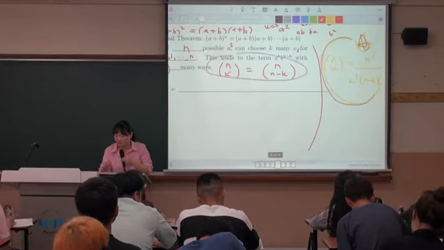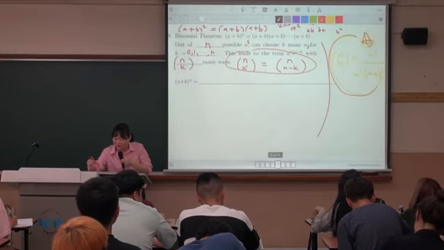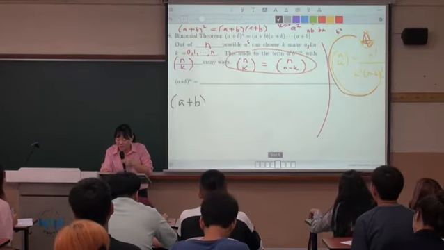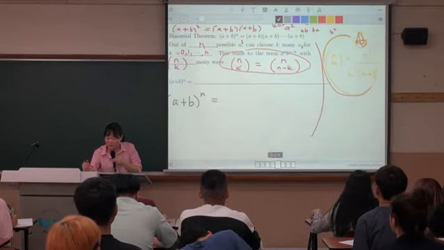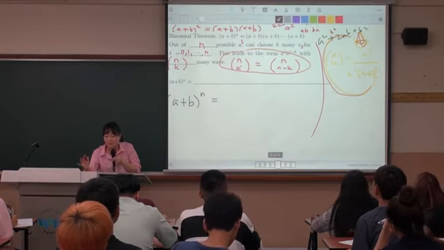And this is true. 그리고 therefore, A plus B to the n can be written as, so this is A squared plus 2AB plus B squared, right?